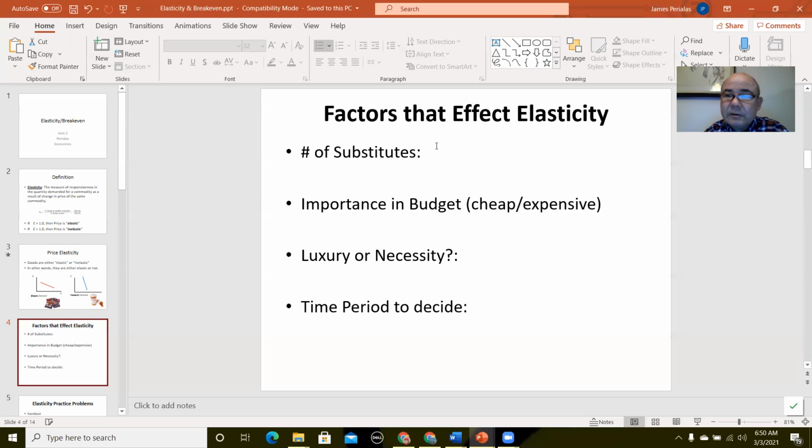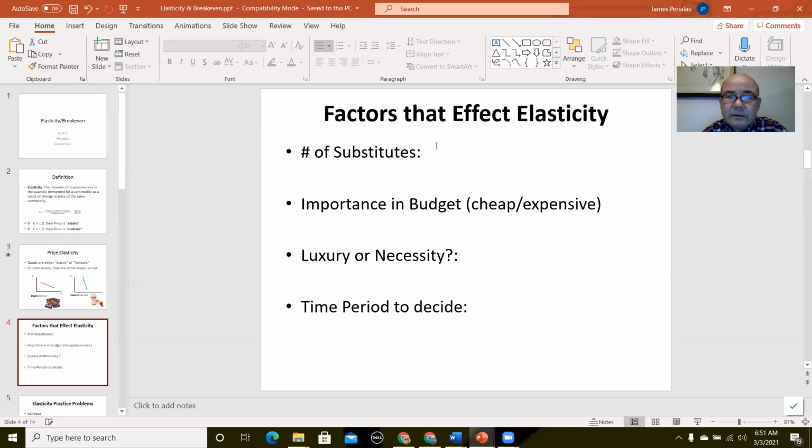So again, I would like you to put an E and an I underneath that part of the note sheet, importance in your budget. And so if something is expensive, you're going to put that next to your E. Expensive is going to lead to elastic, more price sensitivity, meaning small changes in price could cause large changes in quantity demanded.